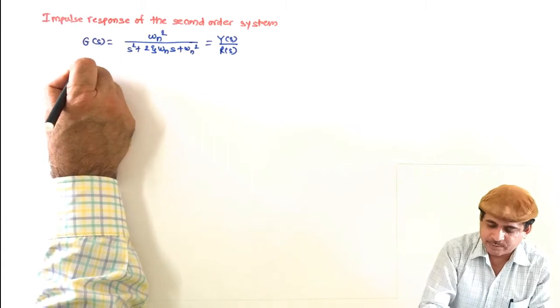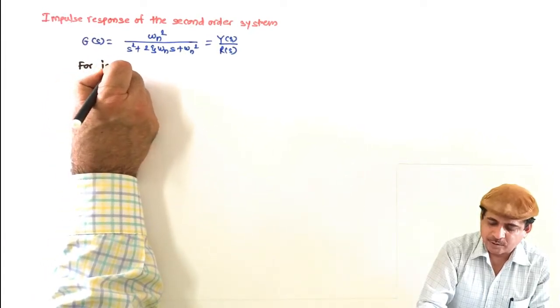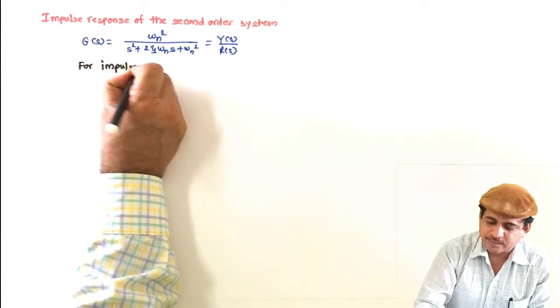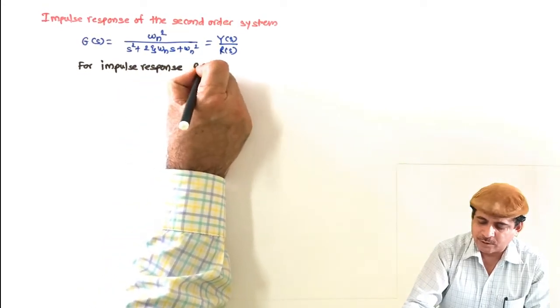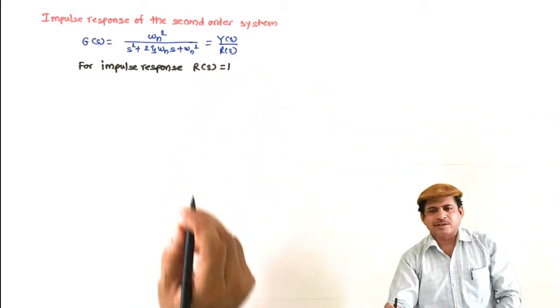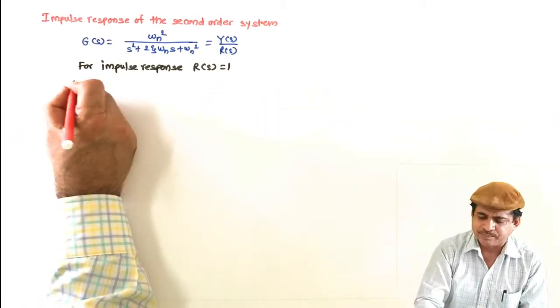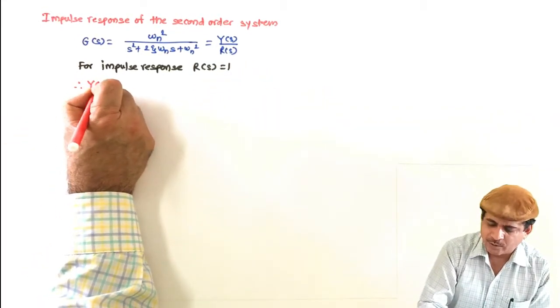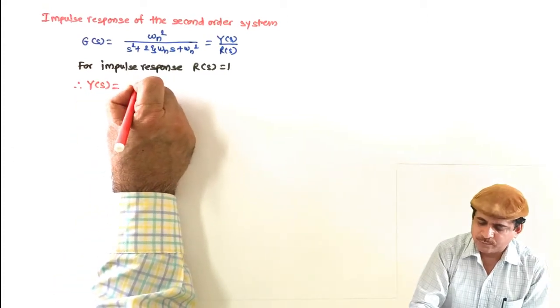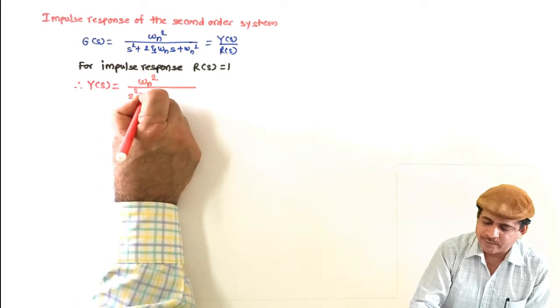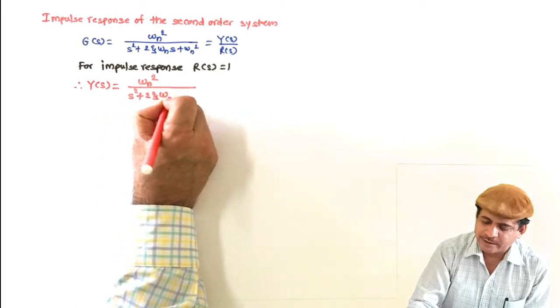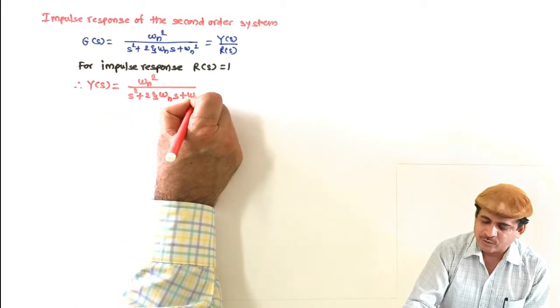Now for impulse input or for impulse response, R of s is equal to 1. This is as we have done it for the first order system. So Y of s is equal to omega n square upon s square plus 2 zeta omega n s plus omega n square.